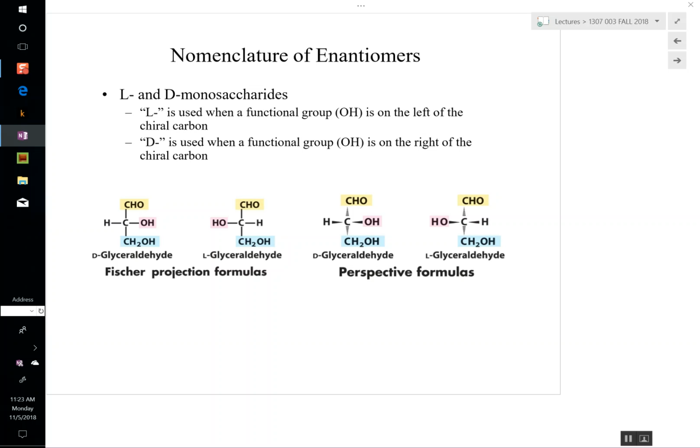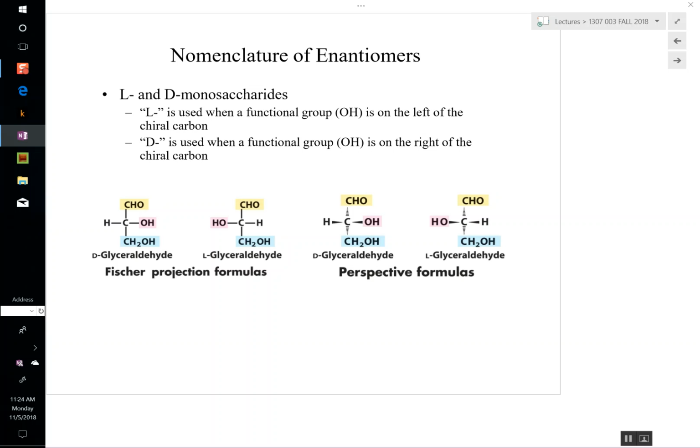All right. So now, what's a Fisher projection? I've got D-glyceraldehyde here, D here and L here. What a Fisher projection is, Fisher said, how can I draw this three-dimensional molecule on a piece of paper, something two-dimensional, so that I could send an email to my friend or write a paper and then know what I'm talking about?